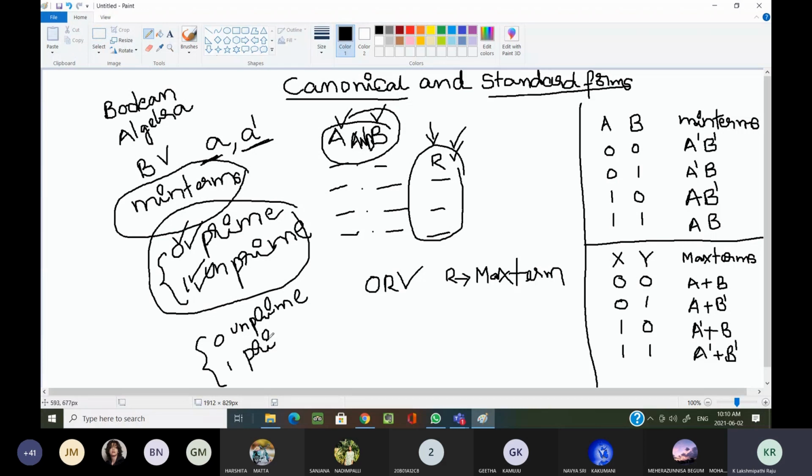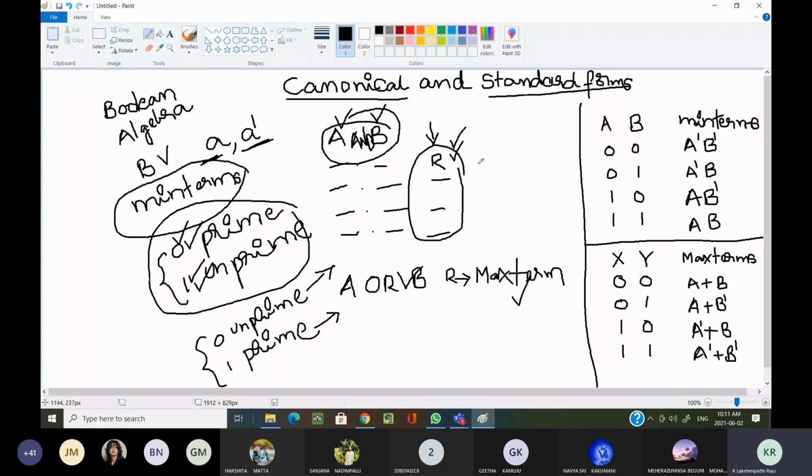Now how do we get the maxterms? Simply among those two variables we apply the OR operation.